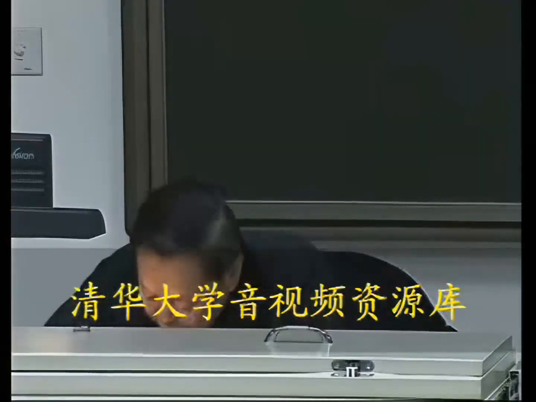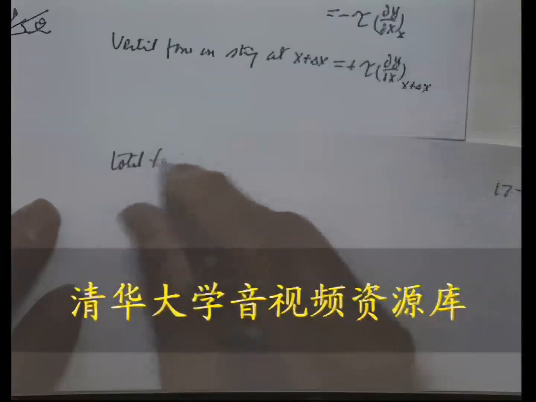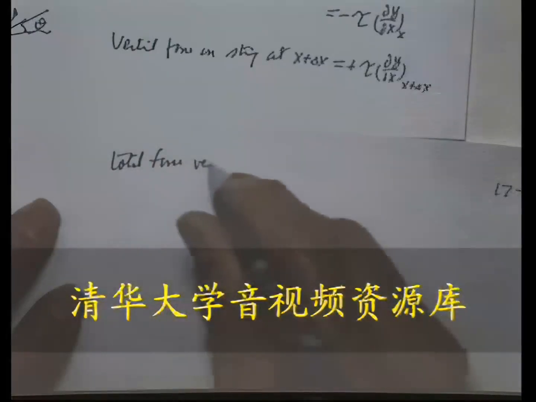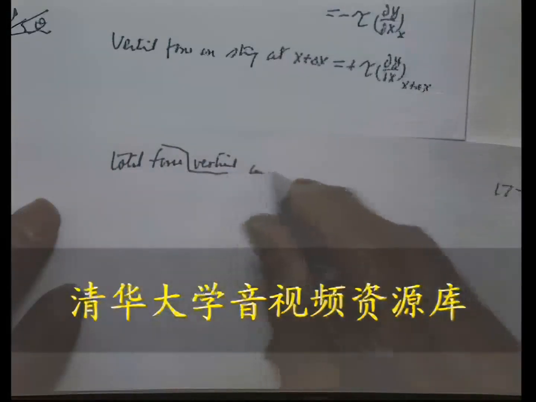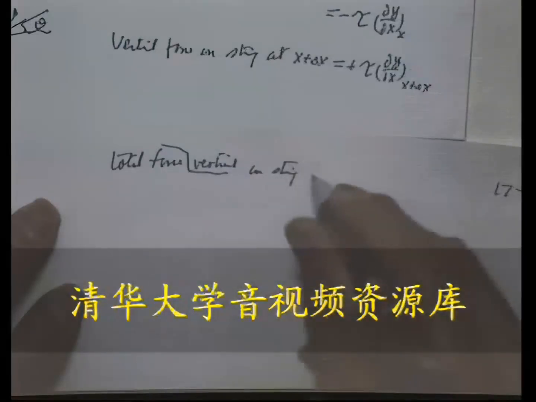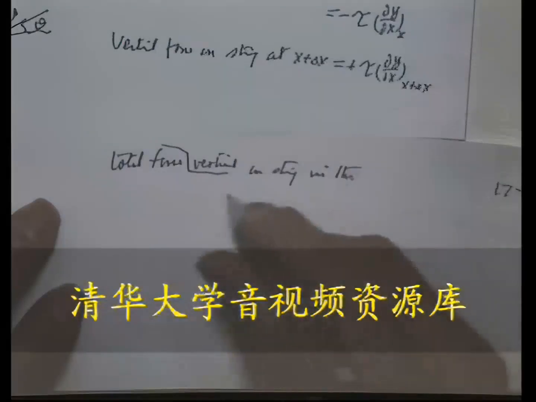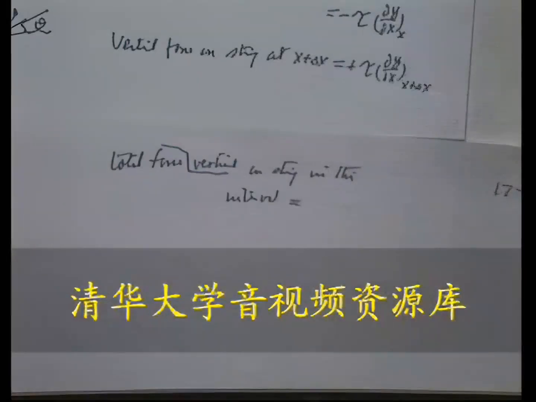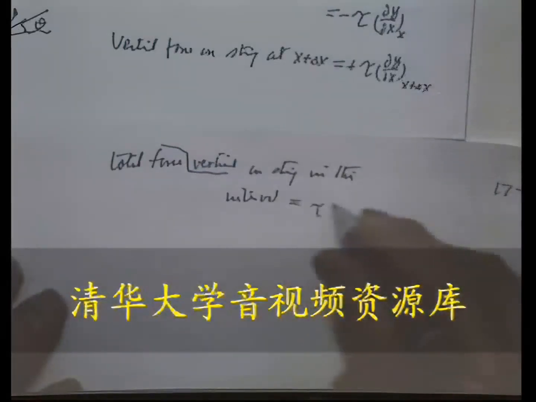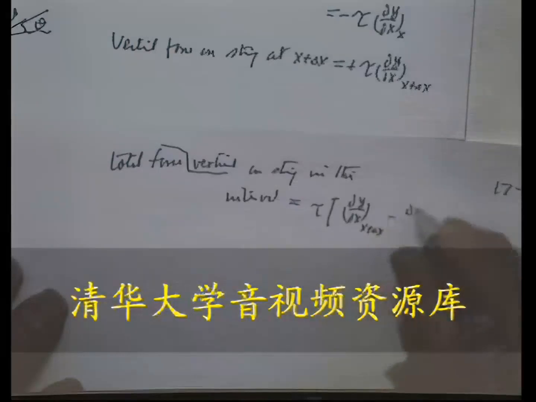So the total vertical force on the string in this interval is the difference of these two, equal to tau times dy/dx at x plus delta x minus dy/dx at x.